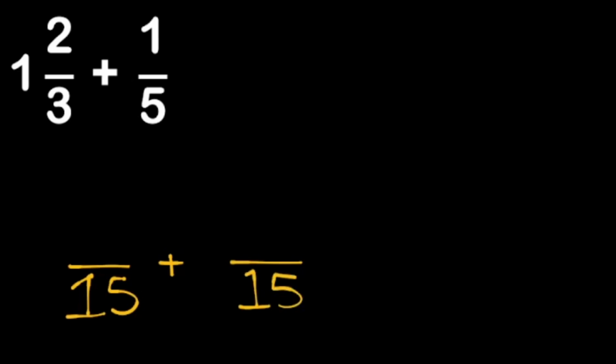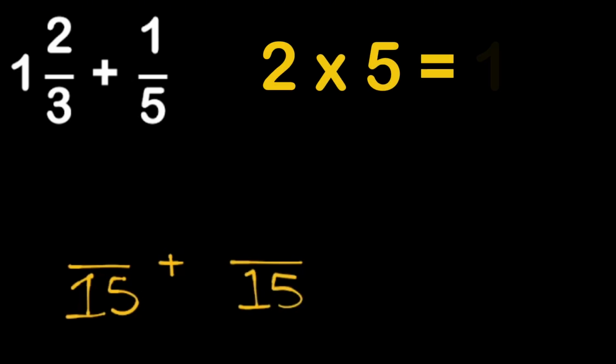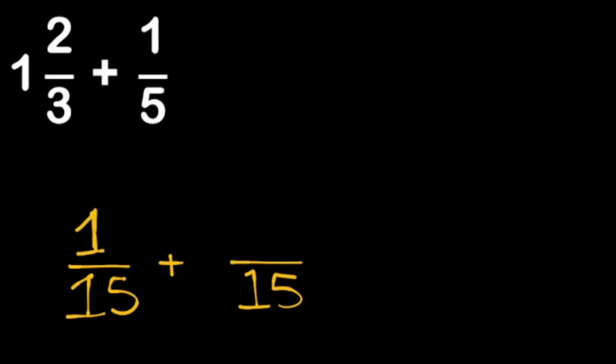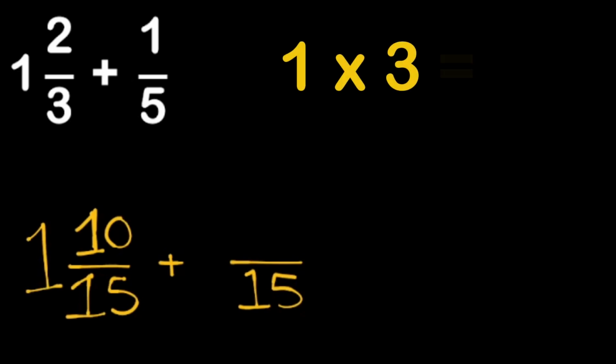Okay, to get 15, we multiply 3 by 5, so we need to multiply the numerator 2 by 5 to get 10. The whole number stays as it is. And to get 15, we multiply 5 by 3, so multiply the numerator 1 by 3.